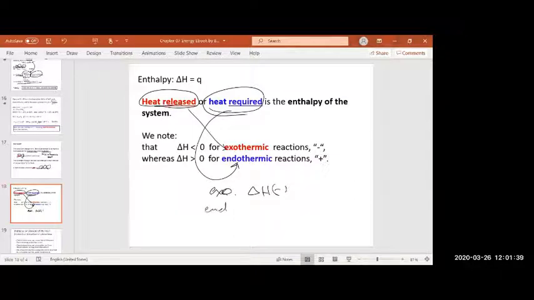In endothermic reaction, delta H is a positive value. So for example, whenever we see the delta H is a negative value, we will consider this an exothermic reaction. If the delta H is positive, we will consider it an endothermic reaction.